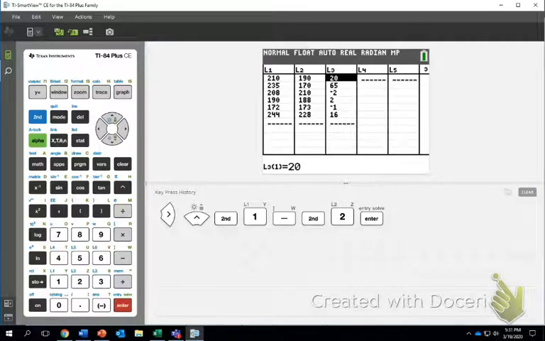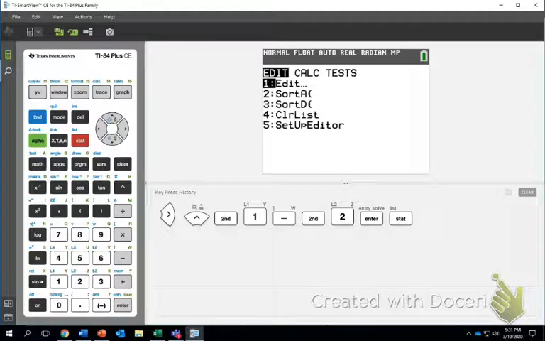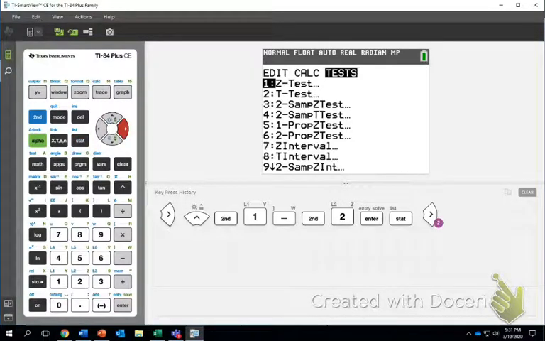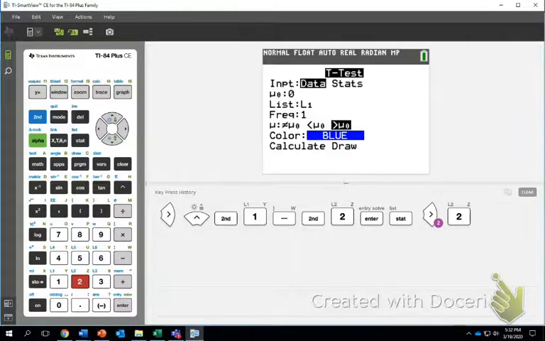Once we're done with that, go to your stat button, which is right here. Click on stat. We have already edited our list. We're going to go over to test, and we're going to do number 2, which is our t-test. Make sure you have data highlighted, and you can go down.